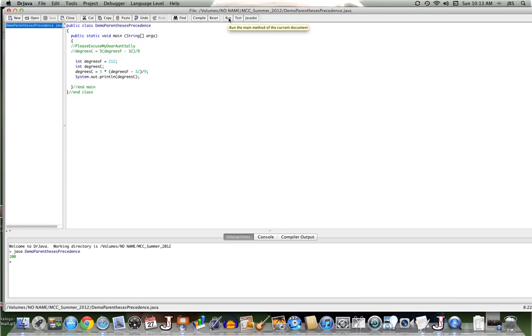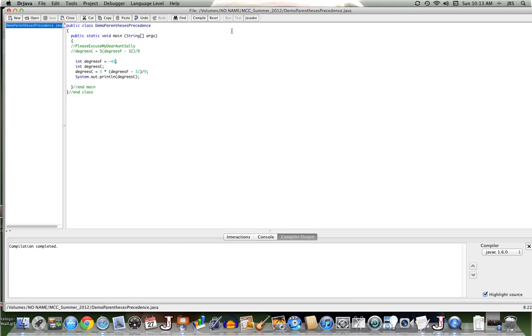I feel good. Well, I'm going to do a little more test data. Let me put in negative 41. If negative 40 in Fahrenheit is negative 40 in Celsius, negative 41 in Fahrenheit should be a little bit off. I've got to have a little bit of decimal value there. So it'll be negative 40 point something. So let me compile this and let me run it. And I get 40, which I don't expect.